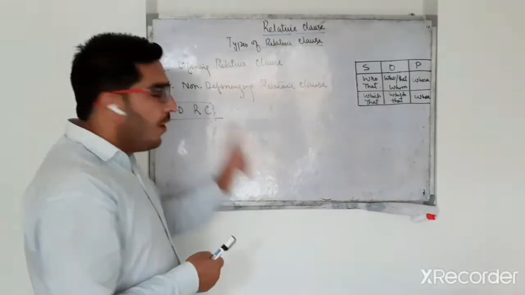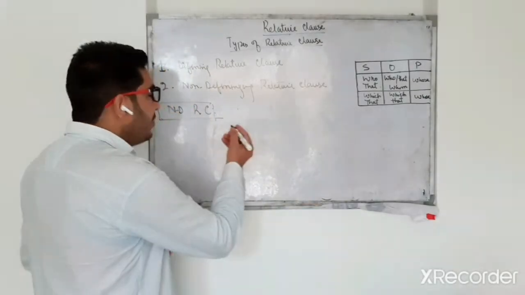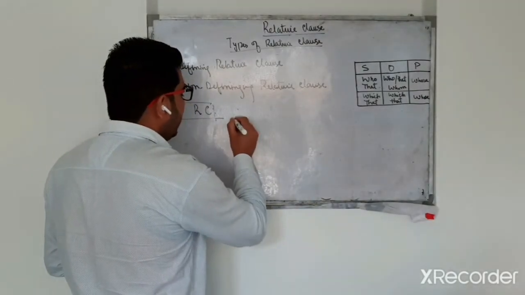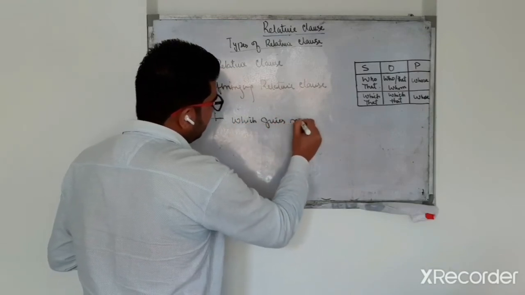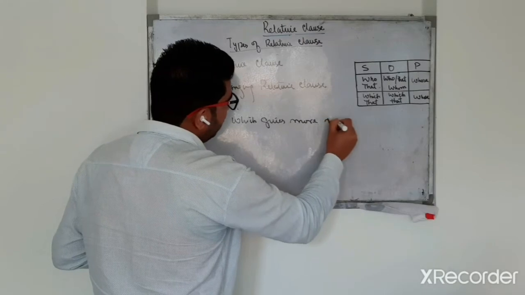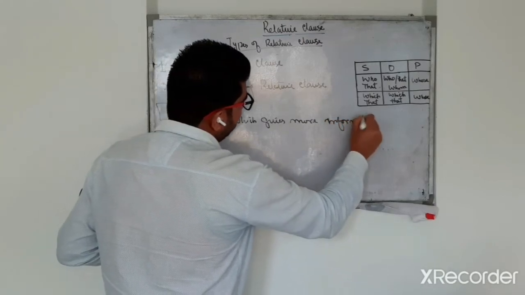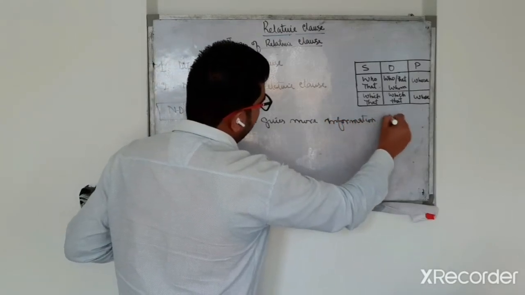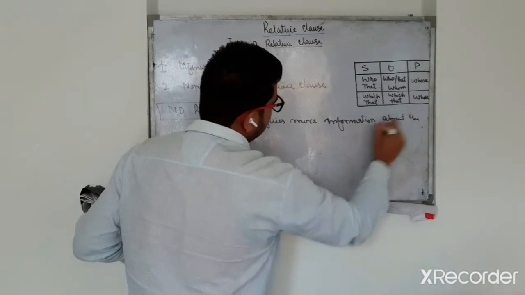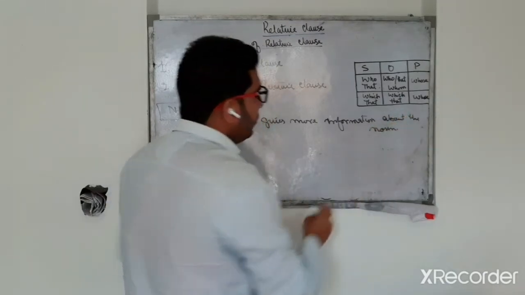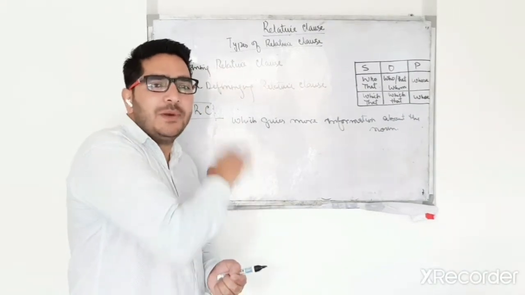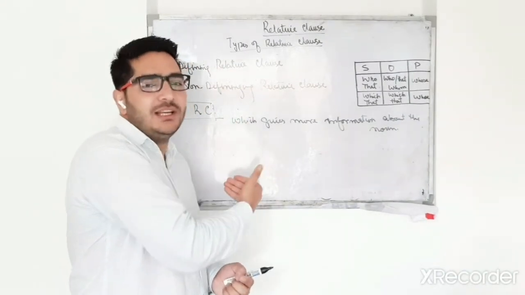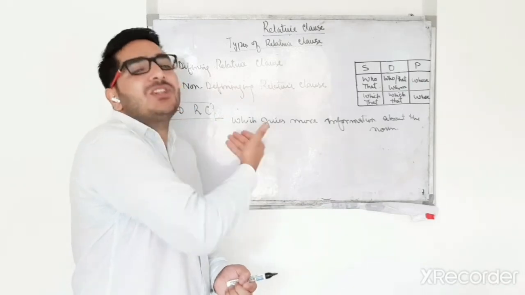And now, non-defining relative clause. See, a non-defining relative clause is that clause which gives more information about the noun. So, a non-defining relative clause talks about a noun, but it is not essential information, it is some extra information.